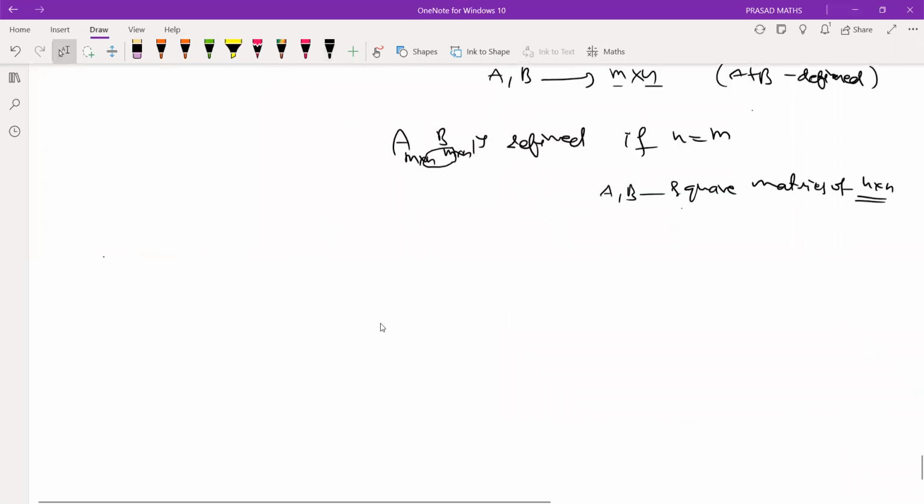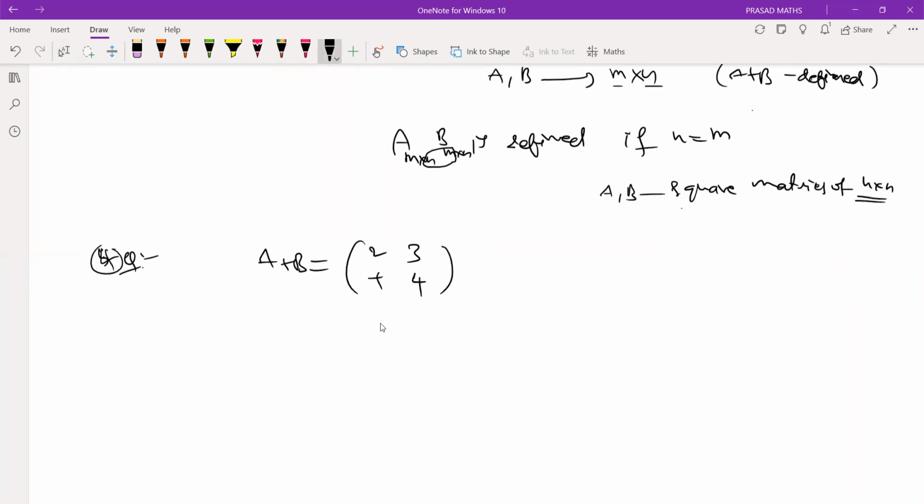Next, take for example the fourth problem. Suppose you are given A plus B equals 2 3 and minus 4, and this is my A minus B, 1 0 3 5.